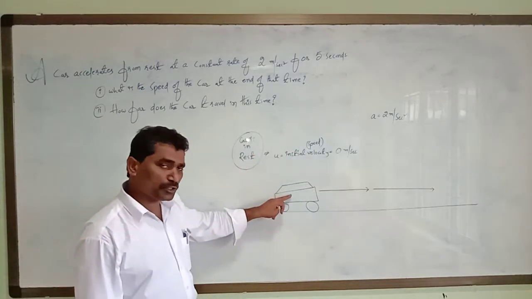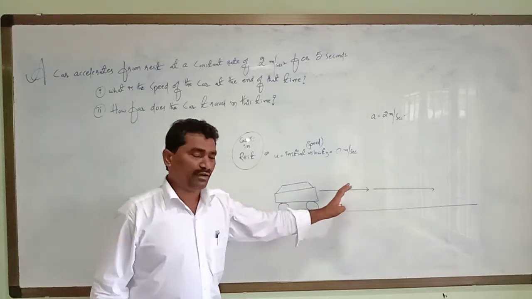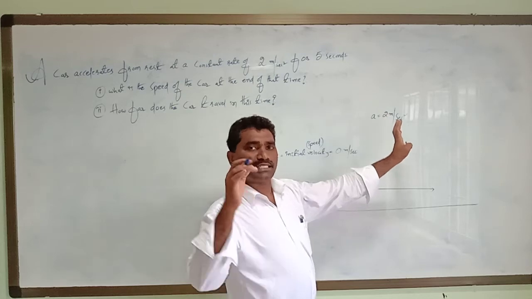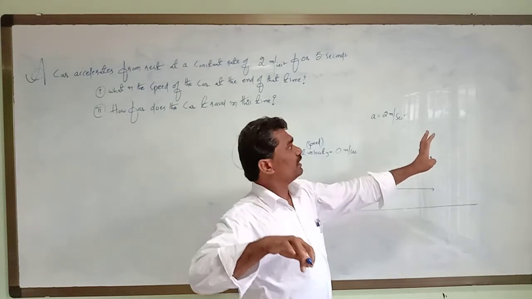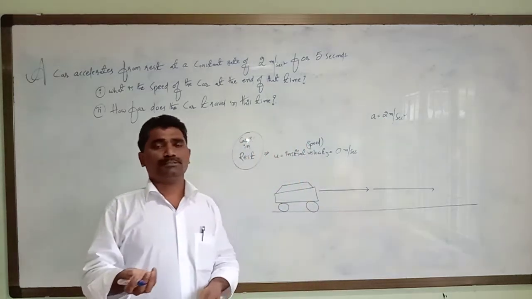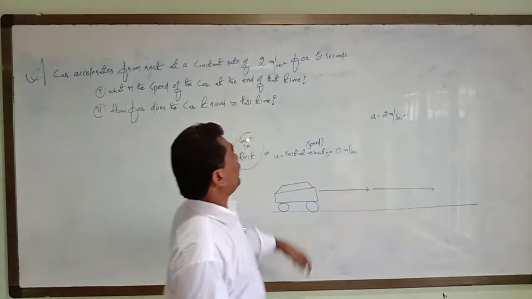Slowly from rest position, the car started and its speed increased, so the increment in the speed of the car is 2 meters per second square.